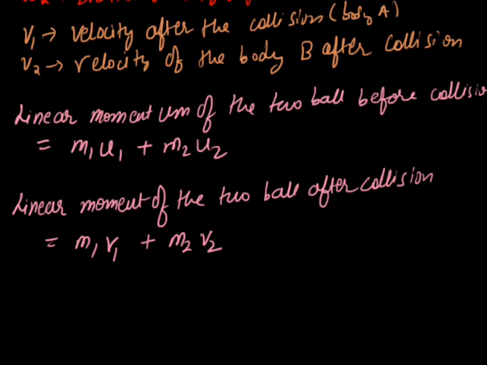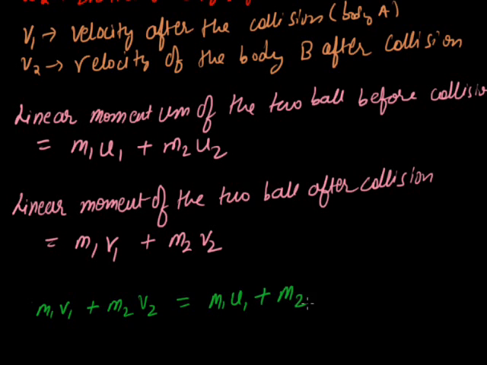As I discussed in the last class, linear momentum is conserved in elastic collision. So from these equations we can write m1 v1 plus m2 v2, the linear momentum after collision, equals m1 u1 plus m2 u2, the linear momentum before collision.